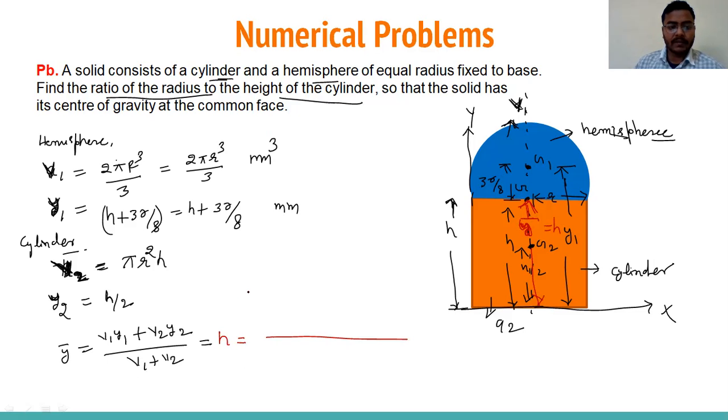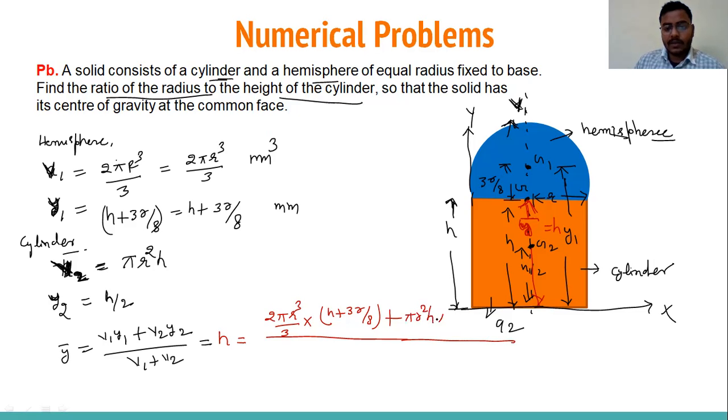Now just put the values of V1, y1, V2, y2. So 2 pi r cubed divided by 3 into y1, h plus 3r by 8, plus V2, pi r square h into h by 2, divided by 2 pi r cubed by 3 plus pi r square h.